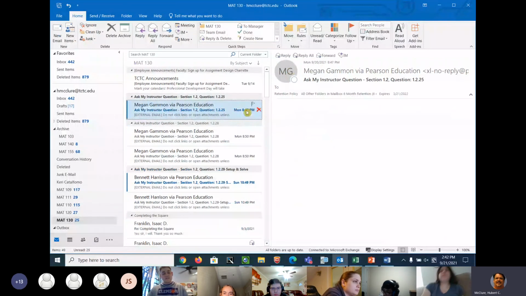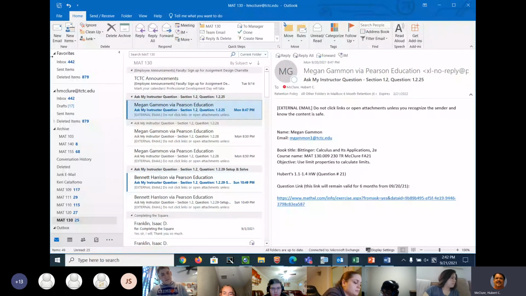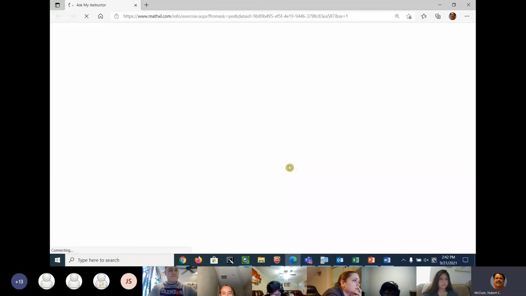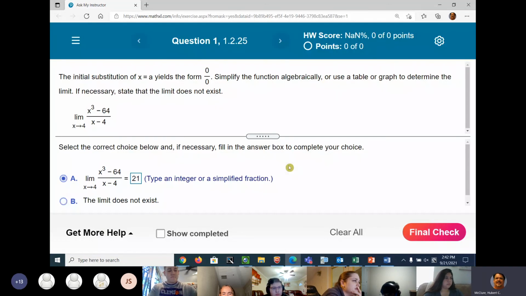This is 1.2, 25/21. Is it a test question like that last one? Yep. So limit as x approaches 4 of x cubed minus 64 over x minus 4.